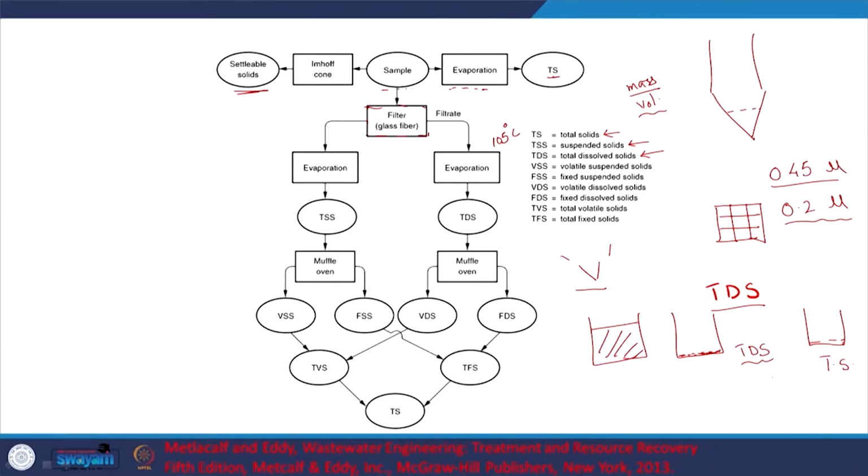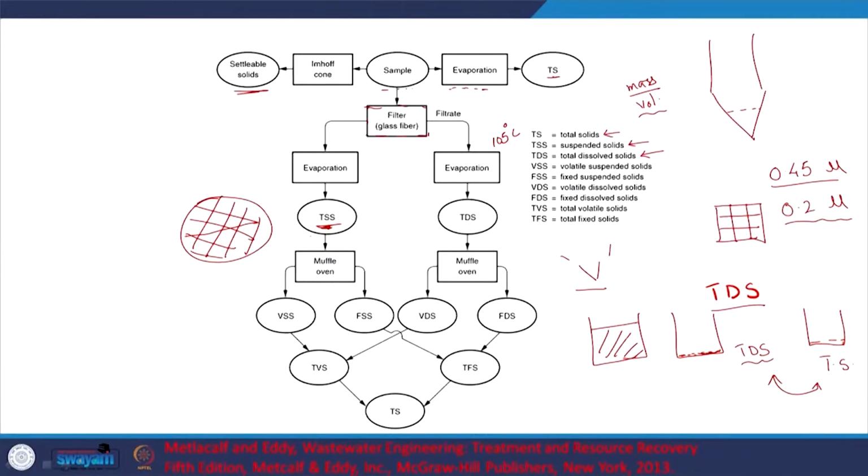And typically sometimes people take the difference to measure the total suspended solids, or you can look at what was collected on your filter. You can measure the difference, let us say, before and after filtration. When I say difference, the difference in weight of your filter, right, and then you will get your total suspended solids.